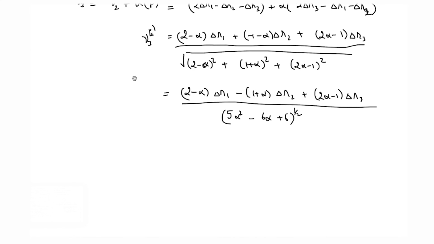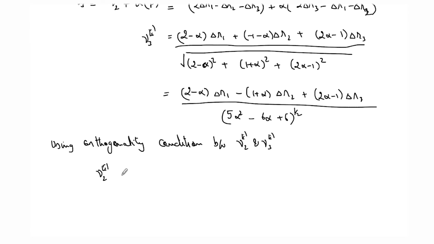Now I know, using the orthogonality condition between nu2 and nu3, that both are E prime symmetry, so nu2 E prime dot nu3 E prime should be equal to 0. So I can multiply the coefficients and equate to 0.